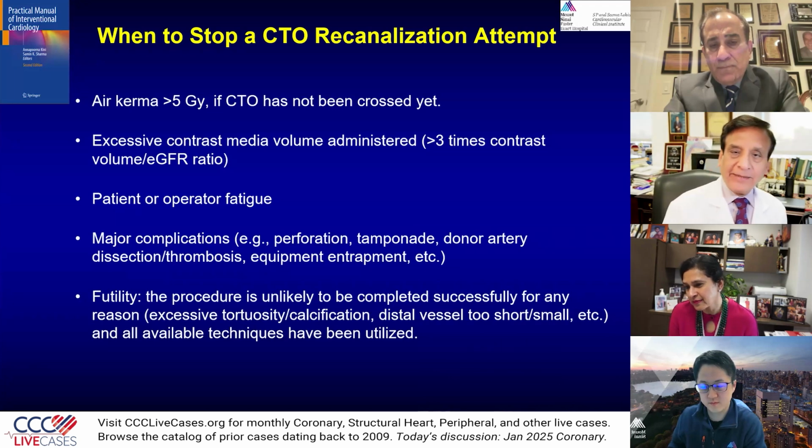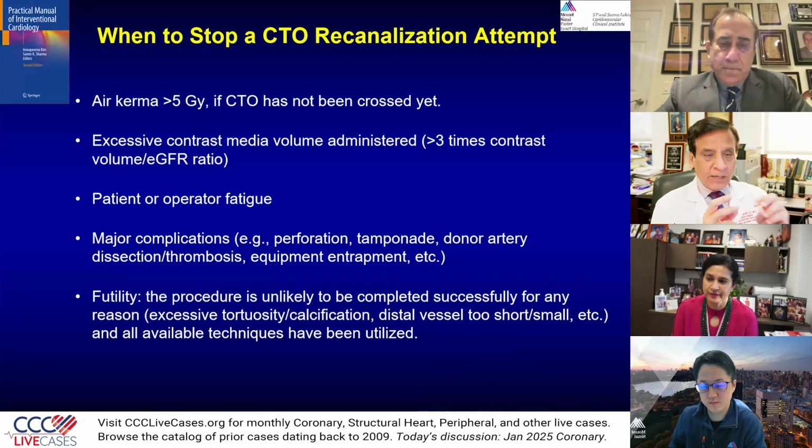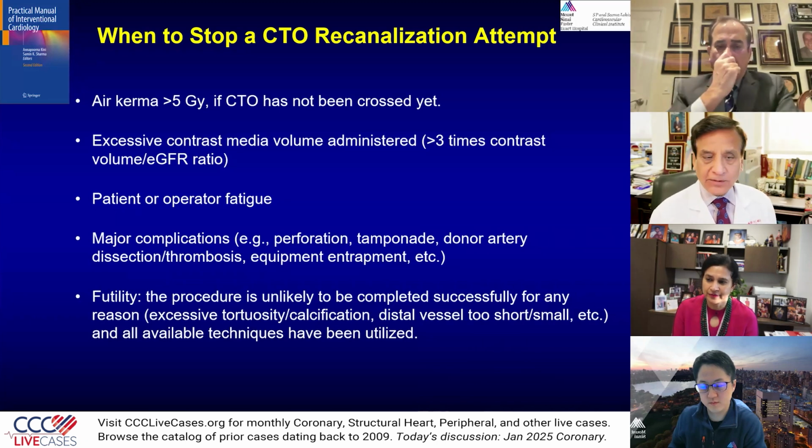So basically, I've been to so many of these live cases in Japan, and they keep trying for 6 to 8 hours. And remember, in every case they take a last picture with contrast through the catheter, whether it's a Corsair or a Turnpike microcatheter, and you see a lot of blush. You saw in this particular case there was no blush.